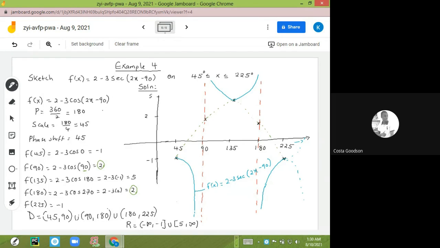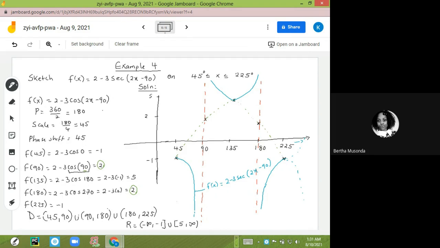What's the rule? When calculating, whenever this guy here comes out to be 0, you know there will be an asymptote there, because sec is 1 over cos. So that's the rule.